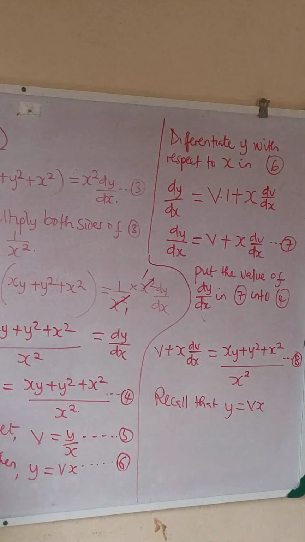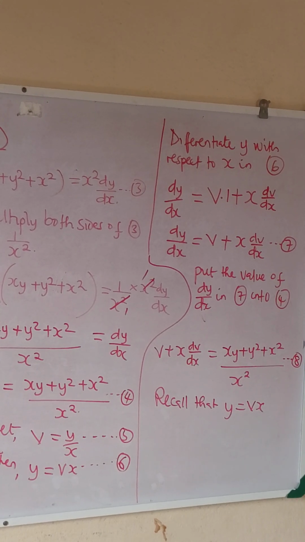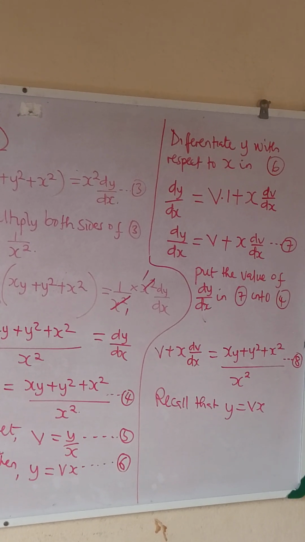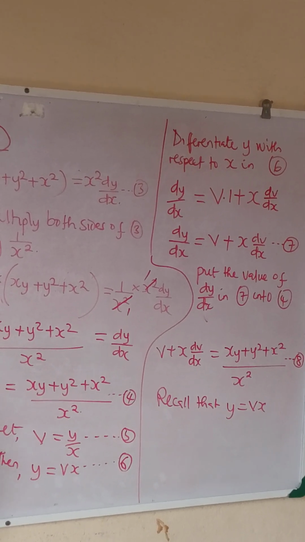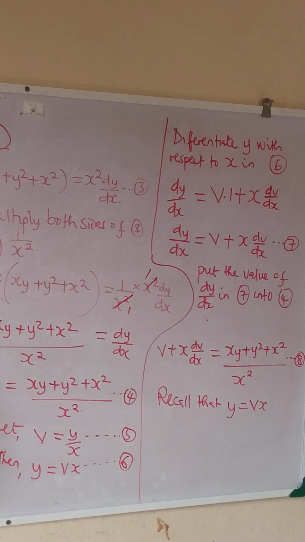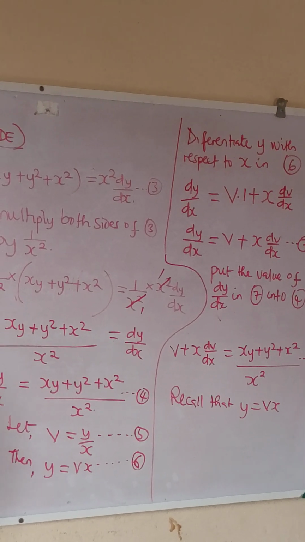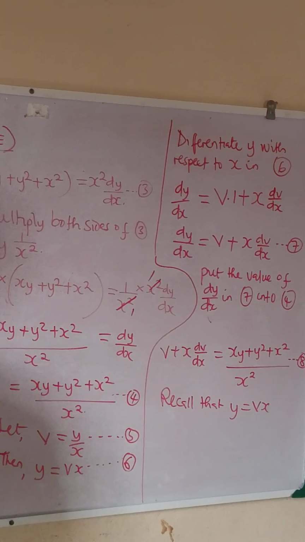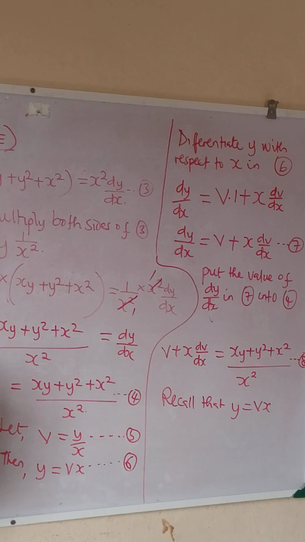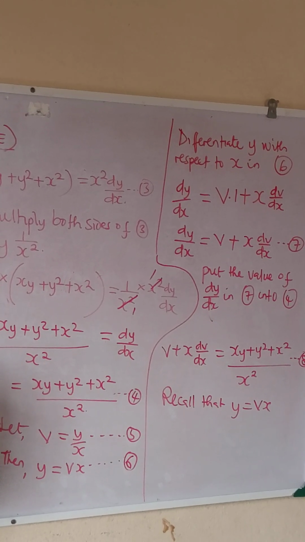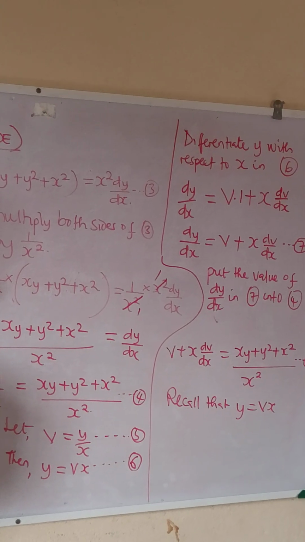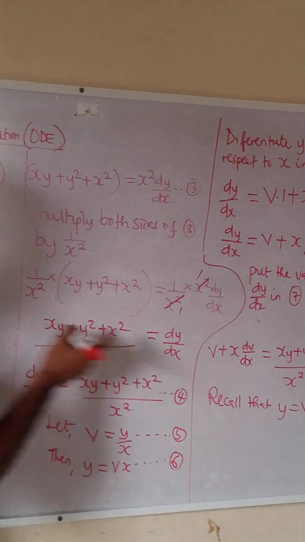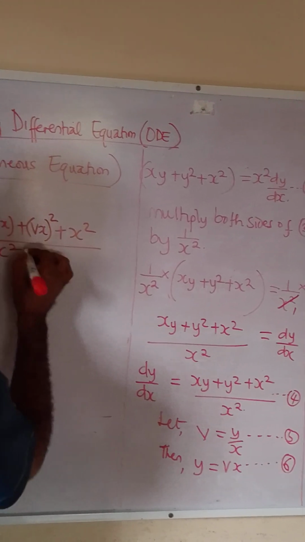So from the left hand side of equation 8, we are going to have v plus x dv/dx equal to, from the right hand side we have x first, and it is multiplying y. So because y is vx, you put vx there, plus the next one is y squared, and y is vx, so we have vx, and because it is raised to power 2, we raise it to power 2, plus we have x squared again, divided by the denominator, which is x squared.